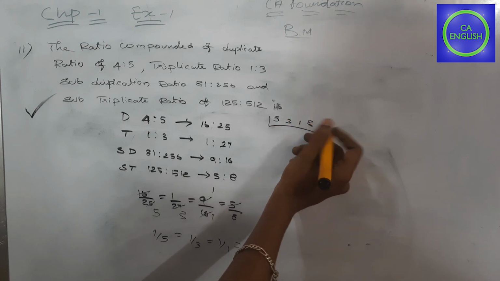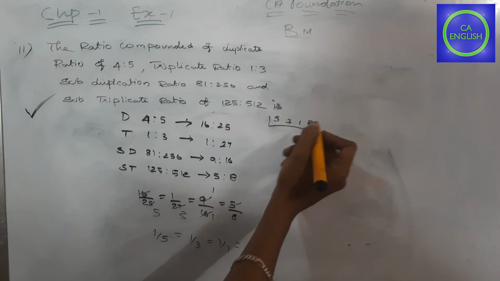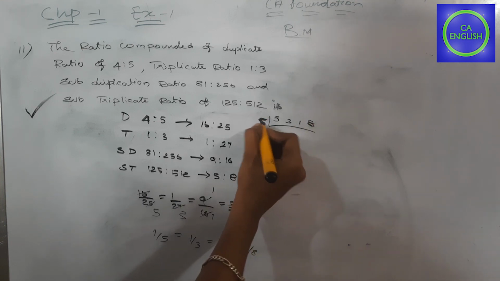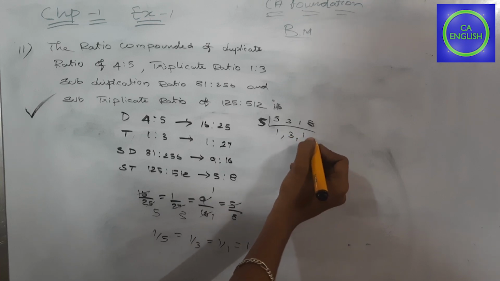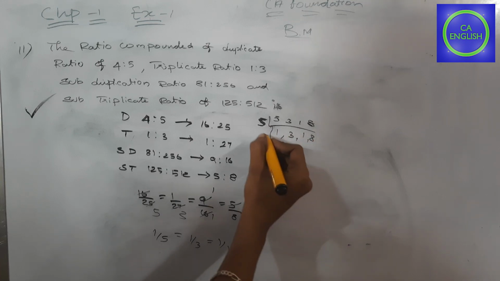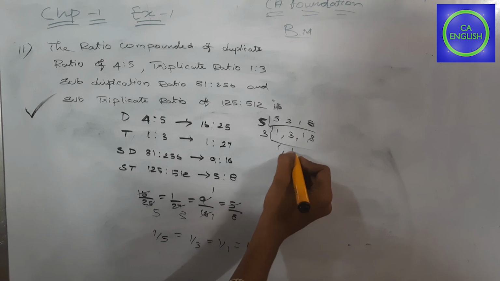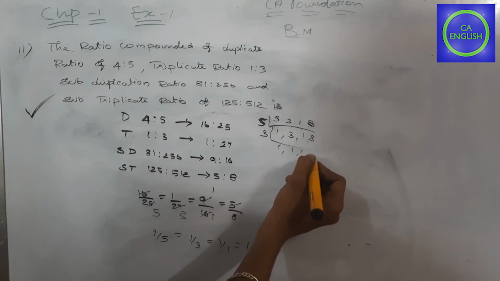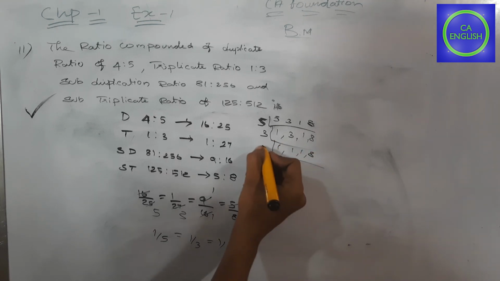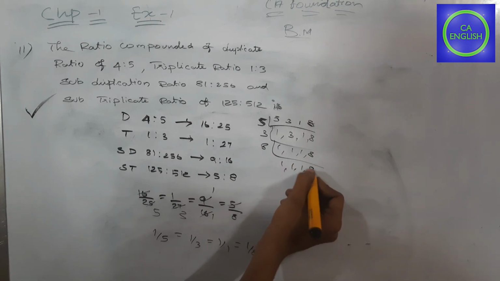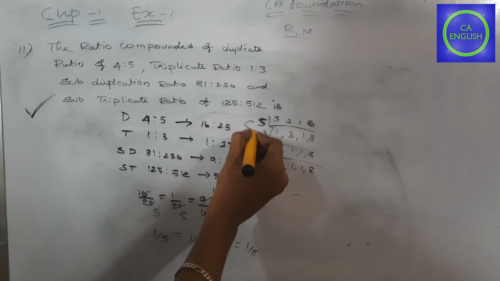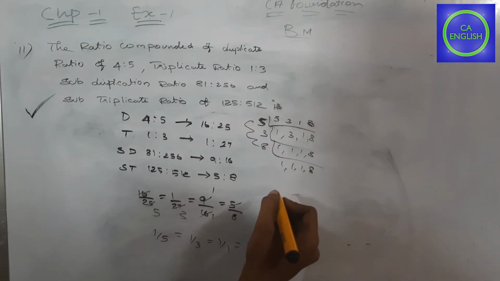Just take all the denominators and multiply these numbers, and the LCM is 120.